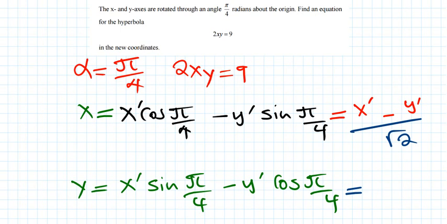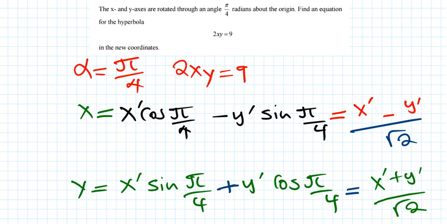So here the sign is supposed to be positive, I beg your pardon. Okay, so we're going to have x prime over root of 2 as well, plus y prime over root of 2. We can also do the same, come up with a common denominator, which is just the same. Okay, so now we've simplified, we've expressed our x and y in terms of x prime and y prime. Okay, that's the first step that we needed to make.